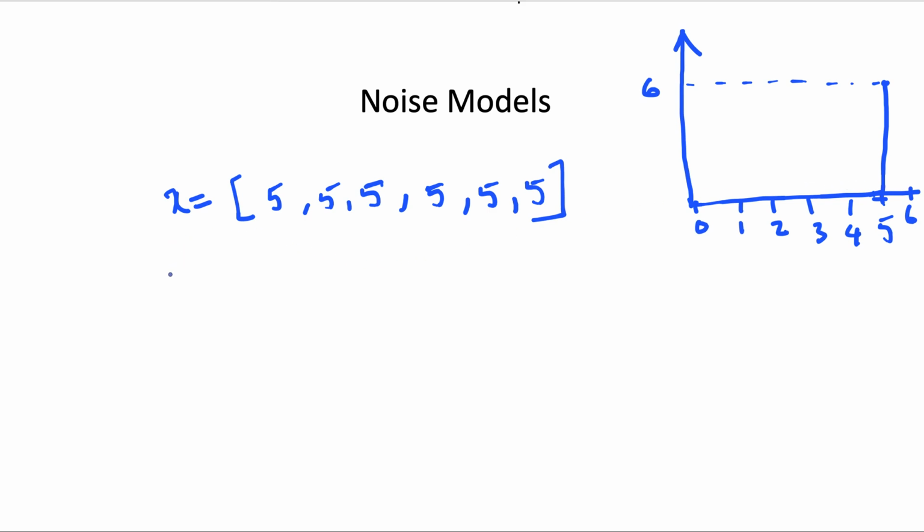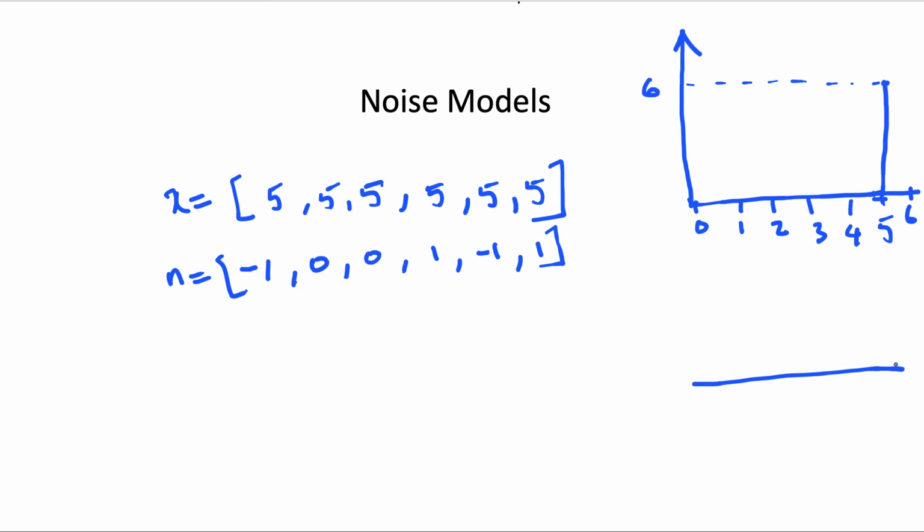Now suppose that I'm initializing another vector, let's say n, and I'm giving some values: -1, 0, 0, 1, -1 and 1. Now if I plot the histogram of this n, then you can see that the graph will look like this.